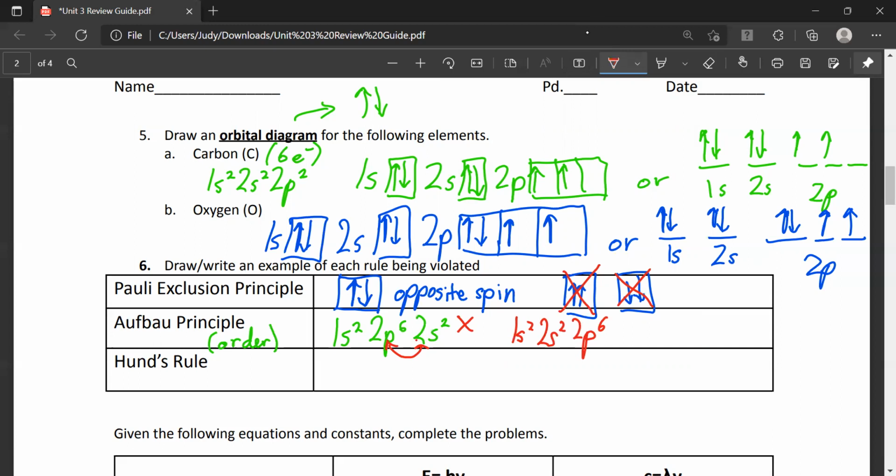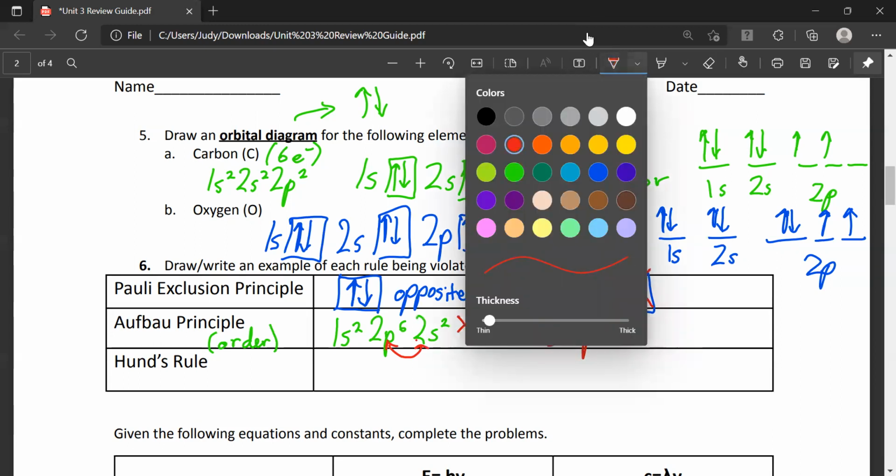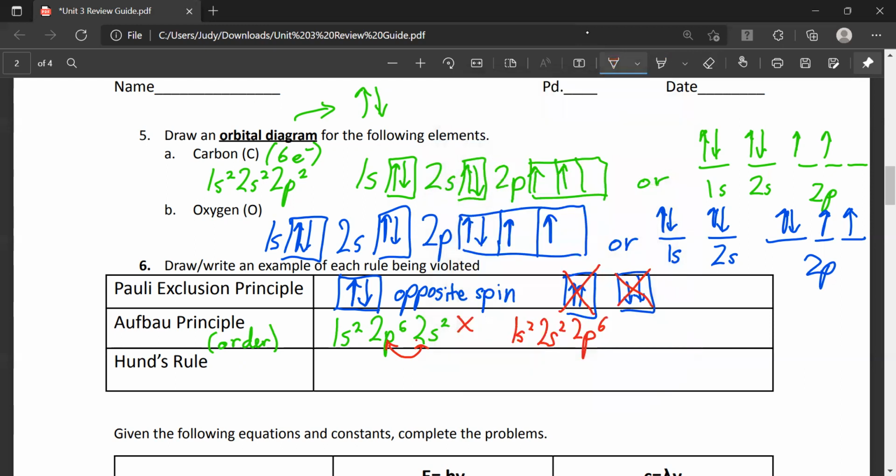Hund's rule, on the other hand, is pretty simple because all it's basically saying is make sure, if you have multiple orbitals, like the p block or the d block, to fill in one electron, an up arrow, in each box first before going back and drawing the down arrows.